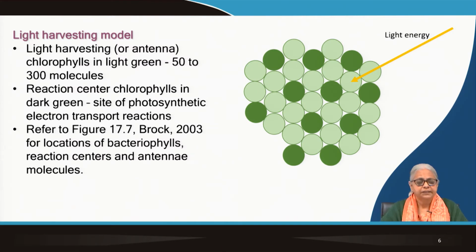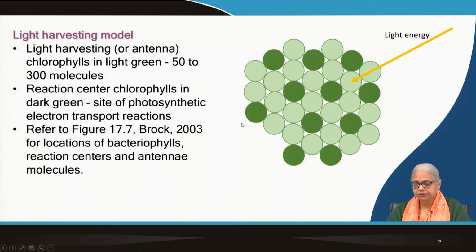Now we come to the light harvesting module. How are the photosynthetic organisms, algal cells, bacteria, plants, harvesting light? There are two types of molecules that are present. The reaction centers are proteins that are fixed in the cytoplasmic membrane, and the antennae chlorophylls, which are shown over here in light green color.